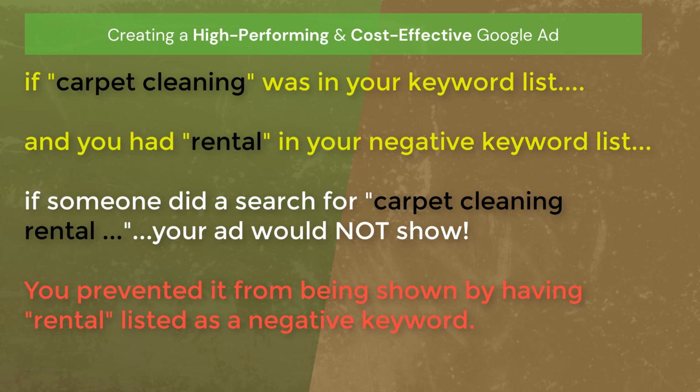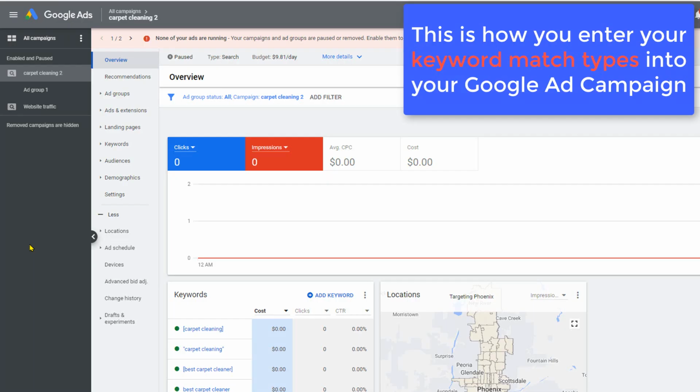You've prevented it because you added that word rental. Or if you added in a word do it yourself, or jobs, or hiring. Now you're taking some of that control back from Google, and you're limiting when your ad will show. But I would always start with just trying to see if you get enough clicks for your budget just with phrase match and exact match.